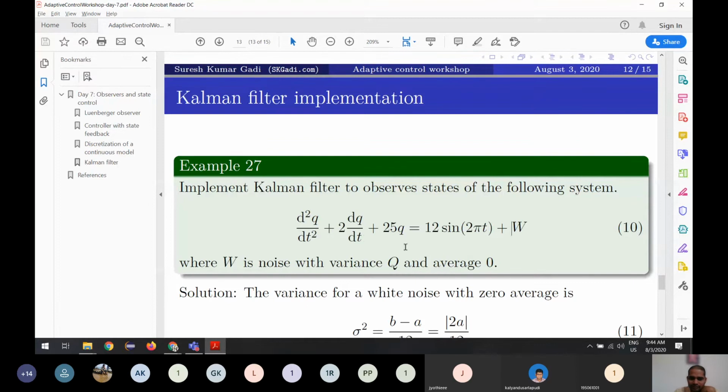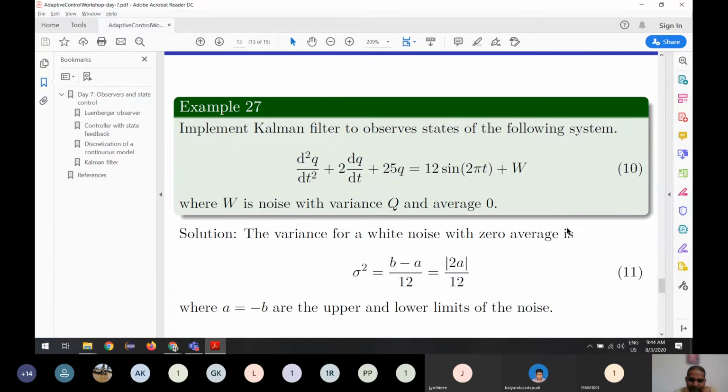So we have only one. I will explain this when I show the simulation. So the example says implement the Kalman filter to observe the states for this system. The system is a continuous system with a second order differential equation.